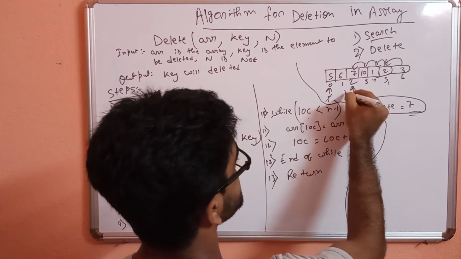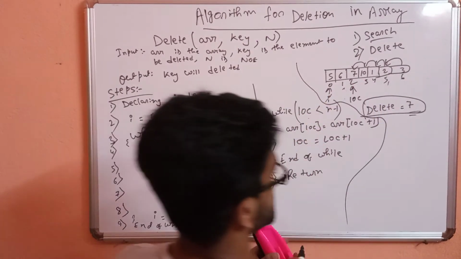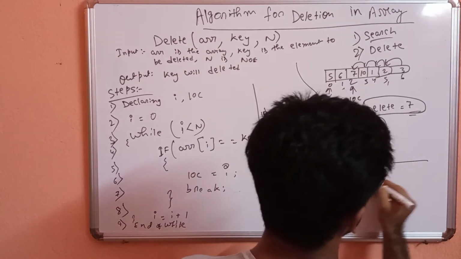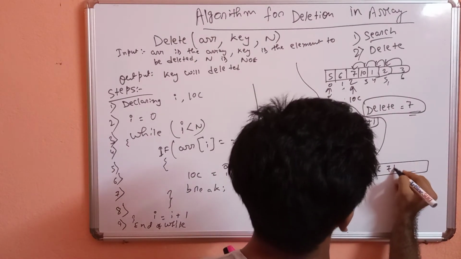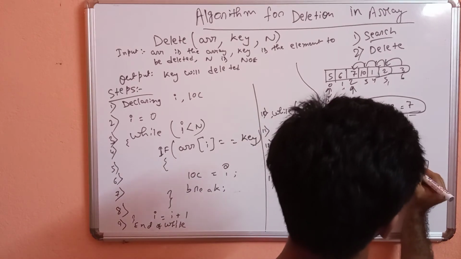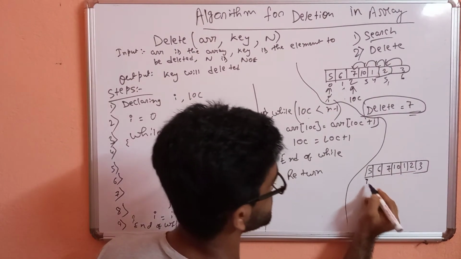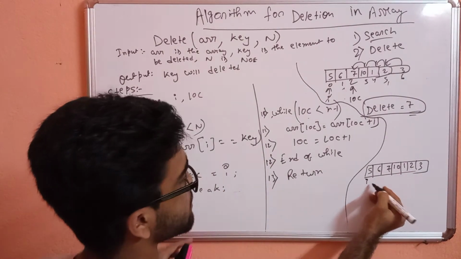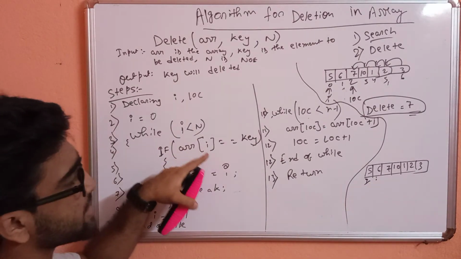I comes here. Let me take this here, you will understand it better. I is here first, then incremented. ARR of I is 6.